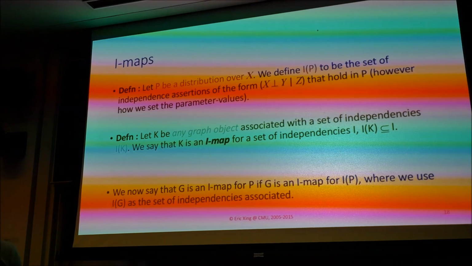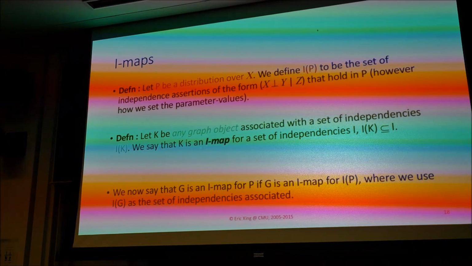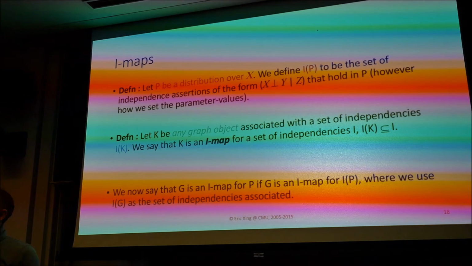So now it's time to introduce that curly I that I showed in the previous slide. That's called I-map. In the next three classes, you're going to see a lot of I-maps. It's basically the set of all conditional independences of a probability distribution.